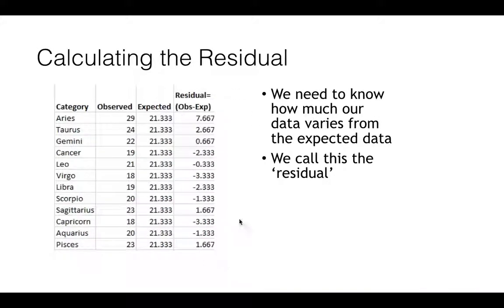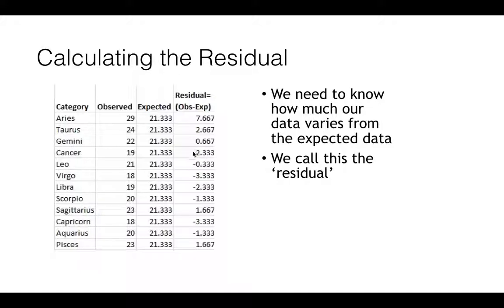So our next calculation is called the residual. It's basically looking at how far our observed data deviates from the expected data. So we do the observed value minus the expected value. So in this case 29 minus 21.333.